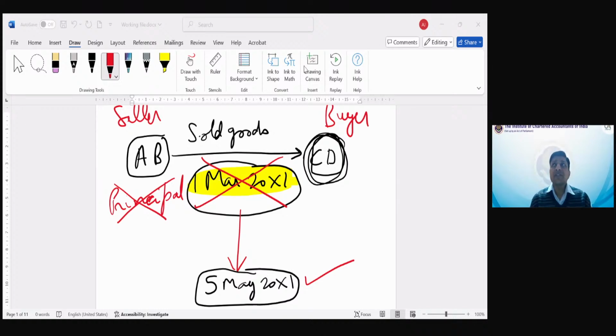But the problem is that revenue recognition requires two conditions to be fulfilled on the day when you execute the sale transaction.